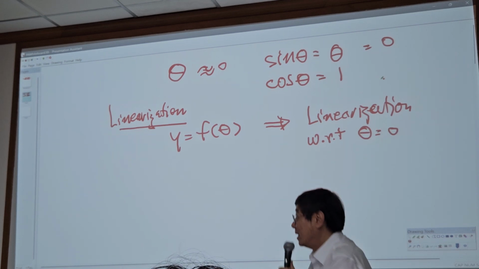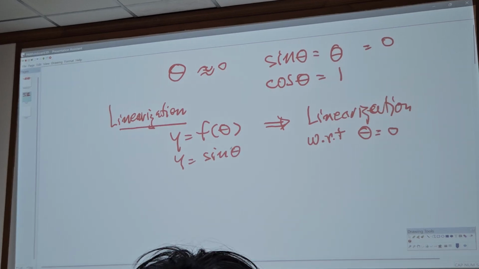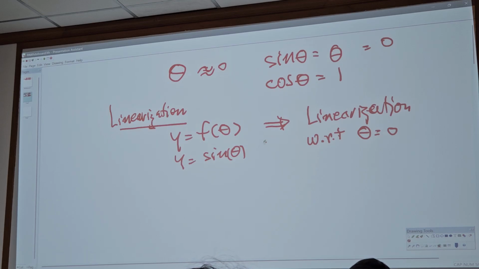Let's see, if you have sine theta, I want to linearize this one with respect to theta equal to 0.